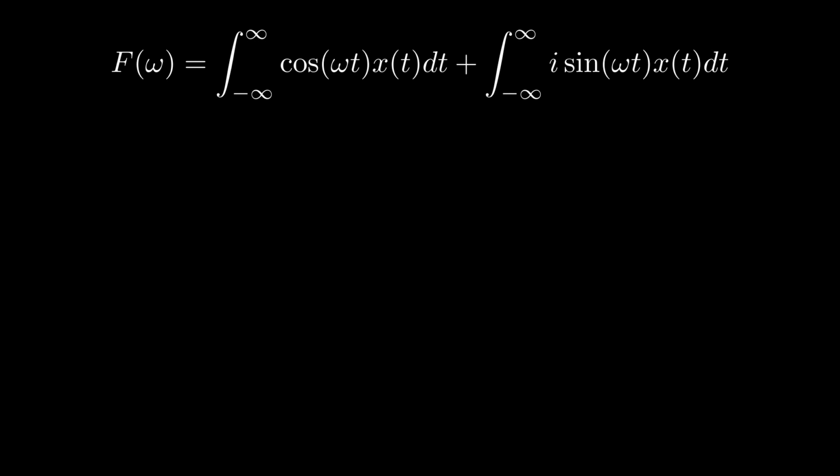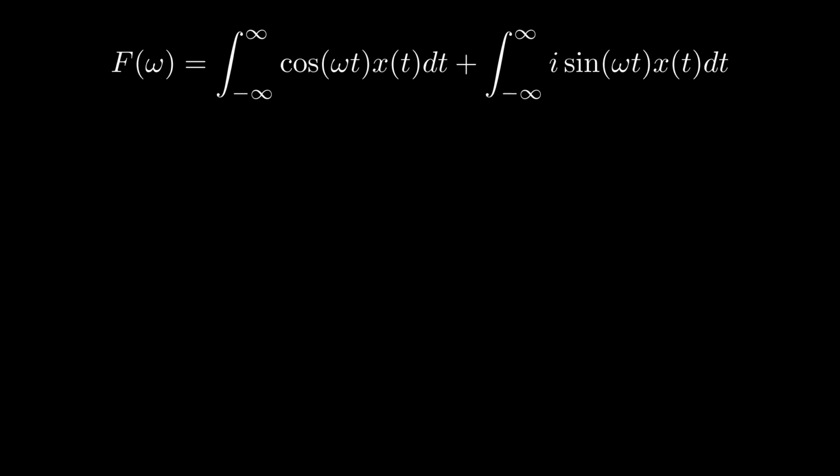Secondly, the reason we need to put that imaginary coefficient in front of the integral containing the sine is because we will need to use Euler's formula, which we derived earlier. Third, the reason why we're using x of t instead of y of x or f of x is because this formula is commonly used on signals, and when dealing with signals, it's nice to have it as a function over time, but everything that we've talked about is still applicable.